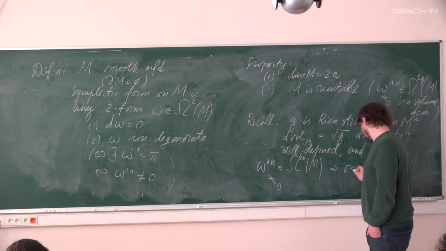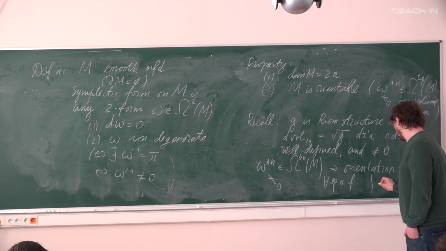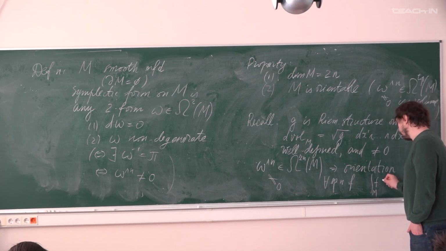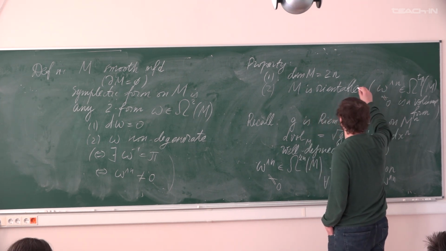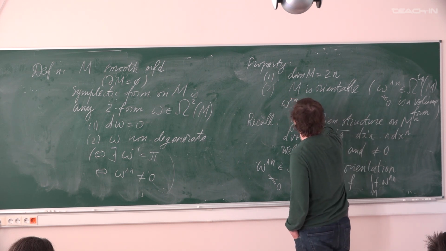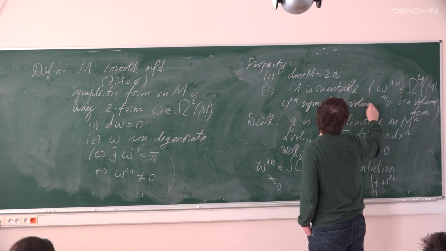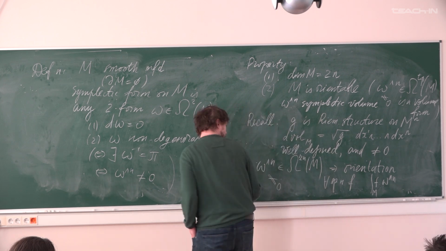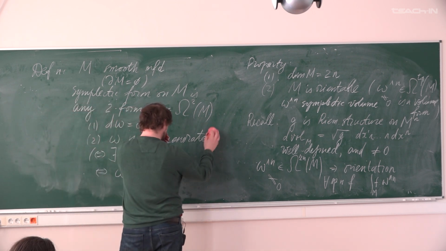Also, for any function f, you can now integrate f against the manifold by multiplying it with the top degree form. This volume is called symplectic volume, and it is a very important part of many investigations, many studies.